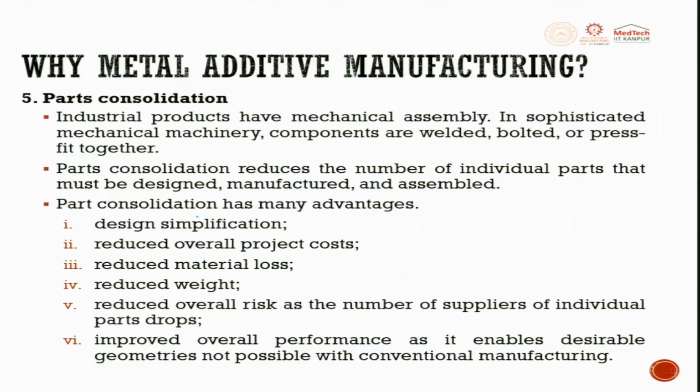The part consolidation has many advantages: design simplification, reduced overall project cost, reduced material loss, reduced weight, reduced overall risk as the number of suppliers of individual parts drops, improved overall performance as it enables desirable geometry not possible with the conventional route.